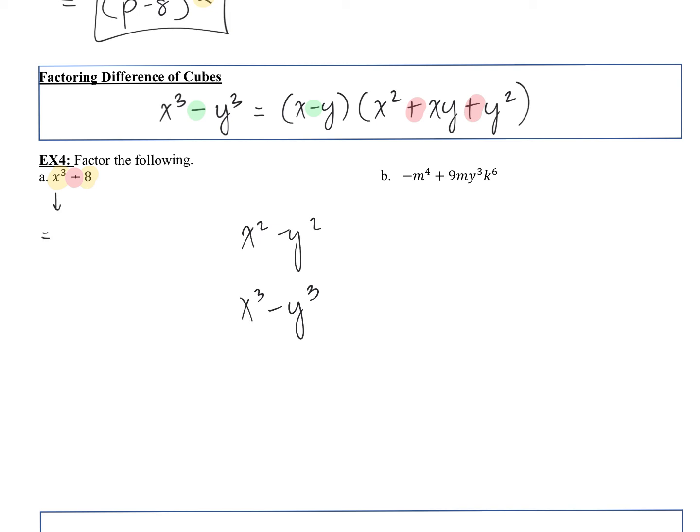This has a cube, which means it's more than likely not the difference of squares. And then 8, is that a perfect square or a perfect cube? That's a perfect cube. So I can rewrite this as x cubed minus 2 cubed, because 2 cubed is equal to 2 times 2 times 2, which is 8.